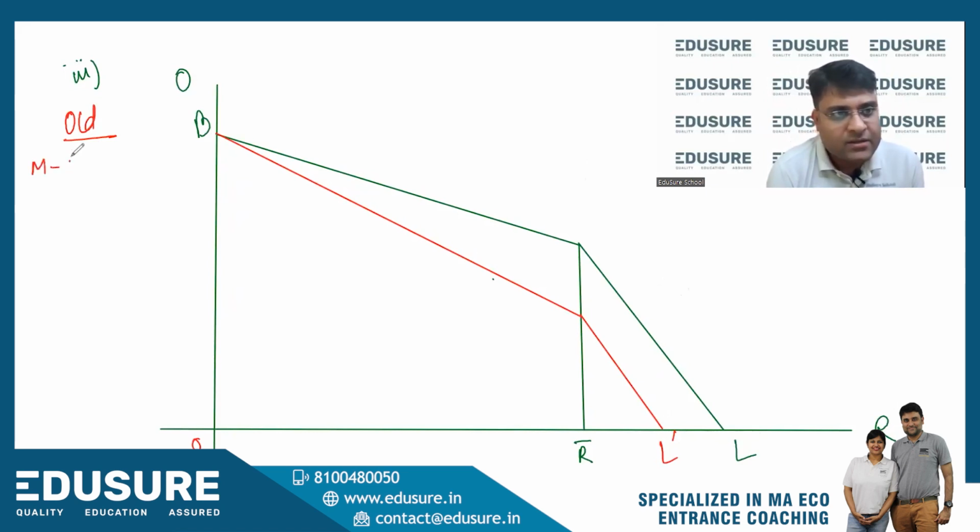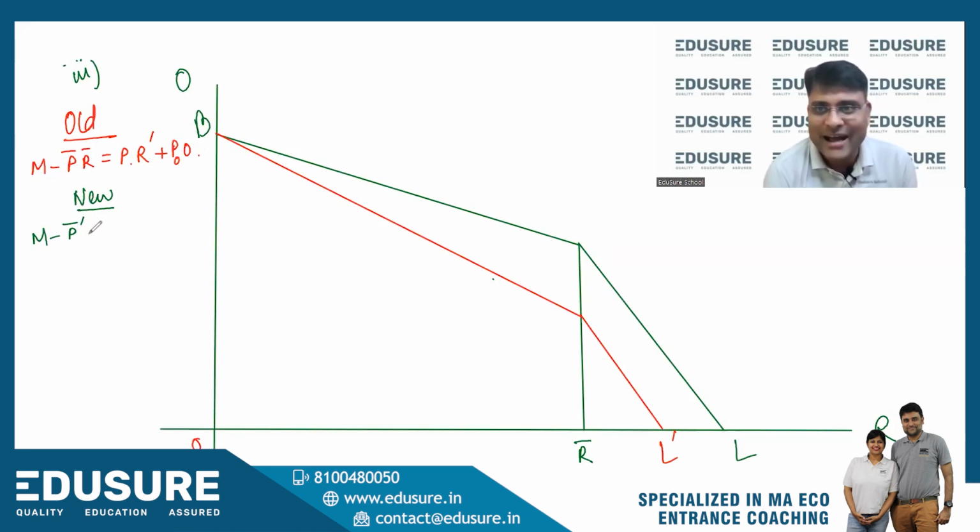Money income minus P bar into R bar was the amount of money left in order to spend on the rice consumption. In the new case, M minus higher price in the ration shop. So पहले ration shop में price था P bar, अभी price है P bar dash.